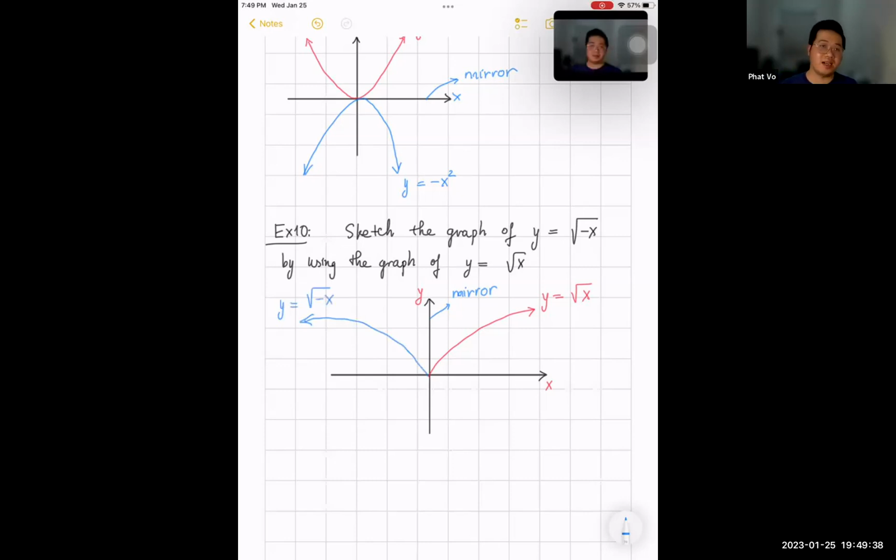Okay. It's the blue one. Okay. Any questions? Everything clear, right? Okay. So that's all the things you need to remember.